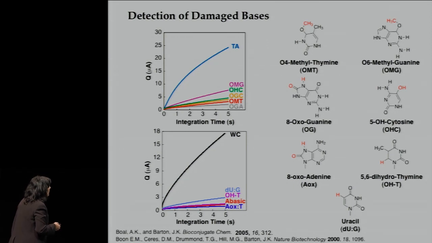You can get oxidation, 8-oxoadenine, just adding an oxygen atom at the end of adenine. And when you do the experiment with one modified base in this DNA duplex, you see this enormous attenuation versus with well-matched DNA. So these small changes in the base, these base lesions, are enough to turn off the electron transfer.